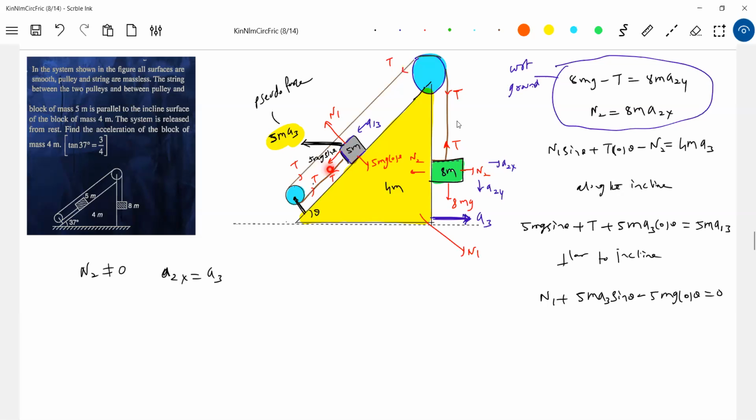X13, you write it. This length will not change, the length is fixed, no? And this length is changing, and the wedge is moving. Change in length of this string and this string. Along the y-axis, the wedge is not having any motion. One equation is what I brought here.